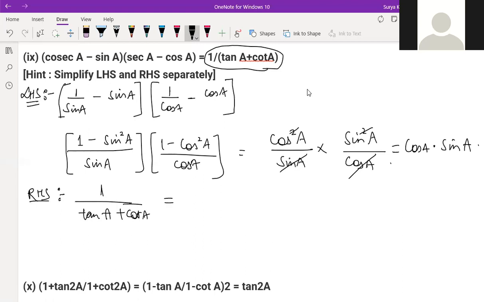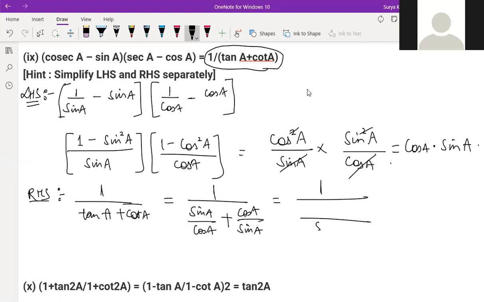So what we can do here, 1 divided by sine A divided by cos A plus cos A divided by sine A. So what do we get? 1 divided by, take the LCM over here, sine A cos A, you'll get sine square A plus cos square A. So where is the main division, children?